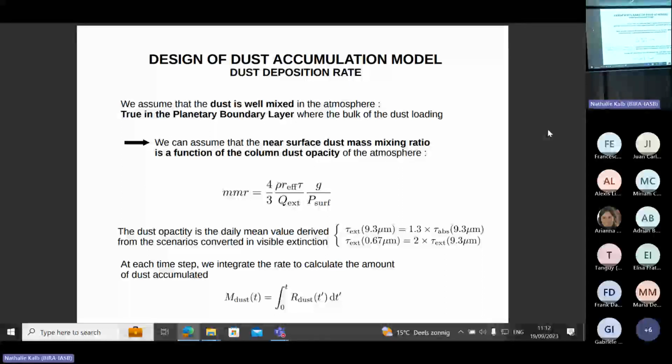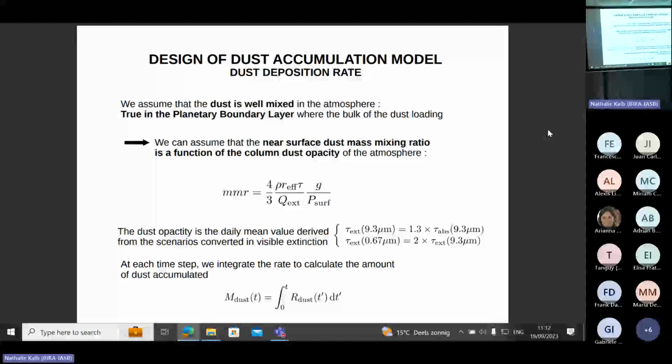This is the dust opacity of the scenario, but converted to the visible, so in extinction. We need to convert it first because the scenarios are in absorption in the infrared at 9.3 micrometers. So we need to convert it to extinction, first in absorption, and then to the visible.